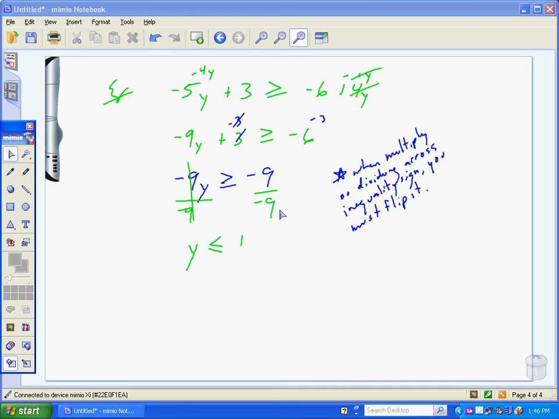I want to plot my number line. I put 1. There's my 1. Now, the last question said x was less than 3, and we chose just an open circle. This one doesn't say just less than, it says less than or equal to.